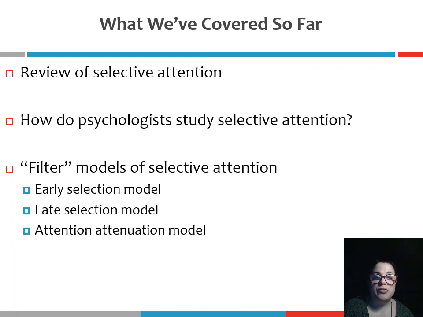So we started with the early selection model, which proposed that with selective attention, information from the unattended channel is filtered out based on its physical characteristics alone. So it's not processed at all for meaning before it gets filtered out.